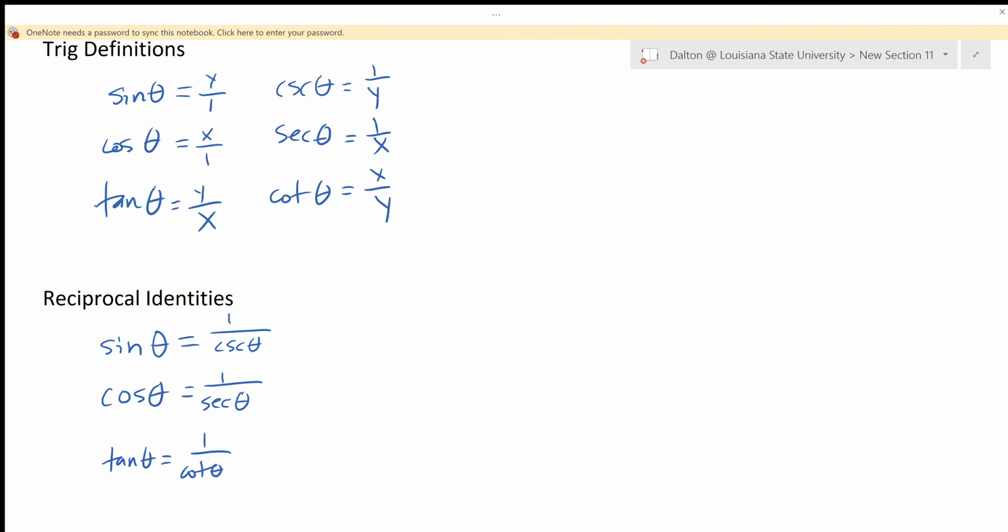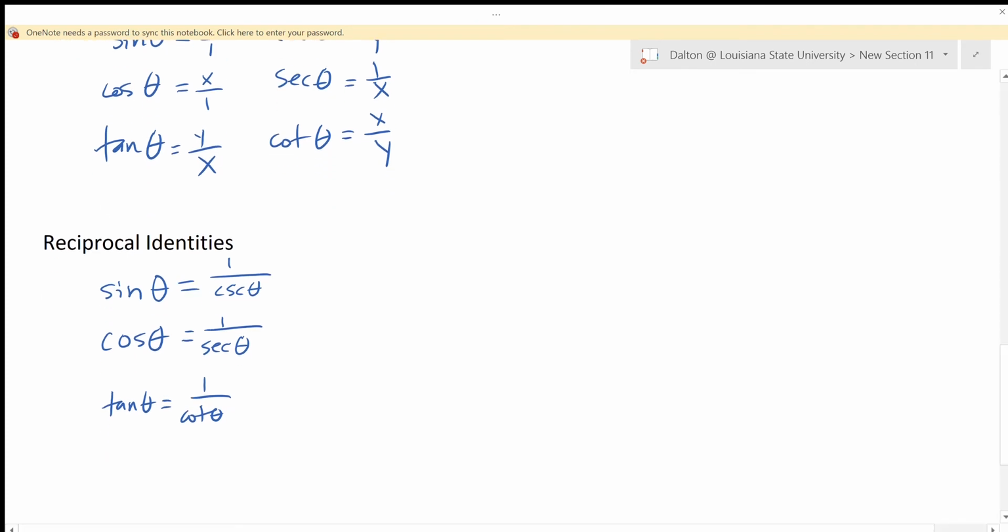So again, I'm going to write them real fast and I'll let the screen blink and then you can write everything. We know the cosecant of theta is 1 over sine of theta. Secant of theta is 1 over cosine. And then cotangent is 1 over tangent of theta. So these are your first 6 identities, or the first 6 reciprocal identities. Those are the only reciprocal ones.